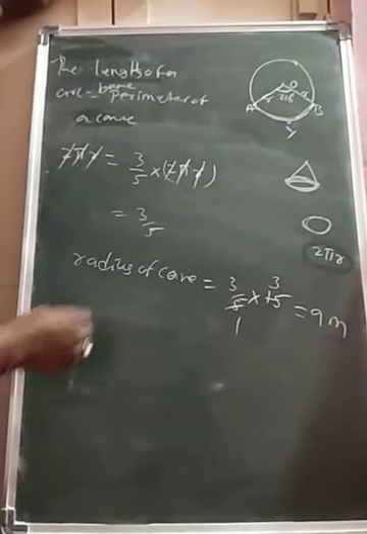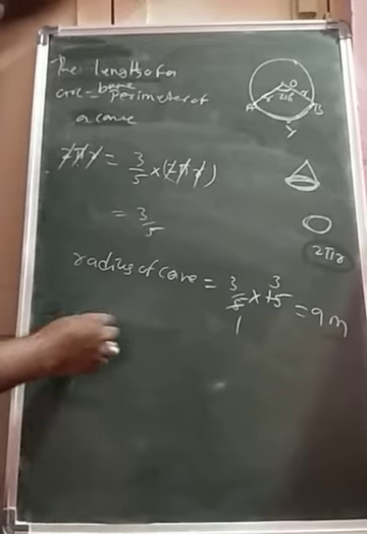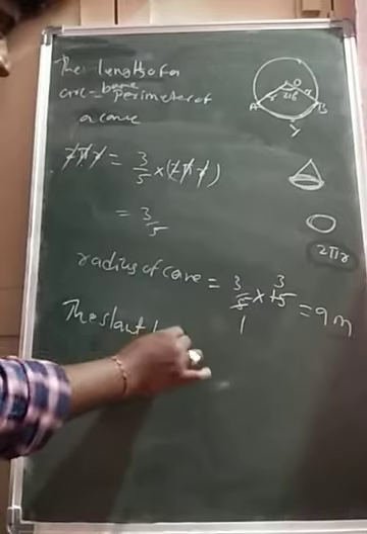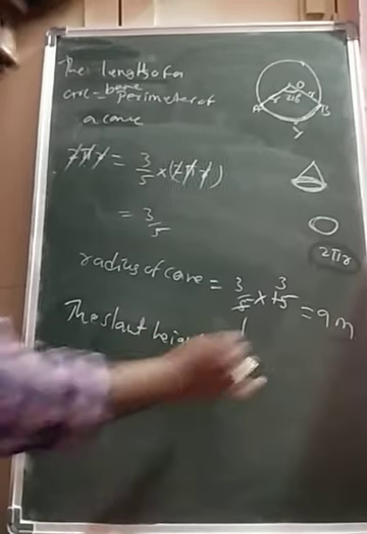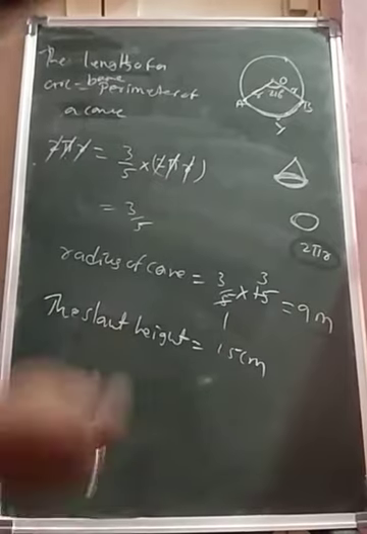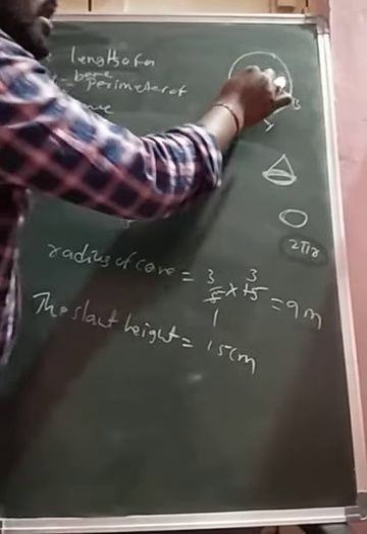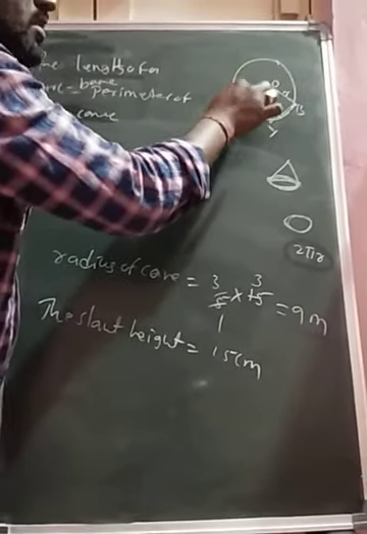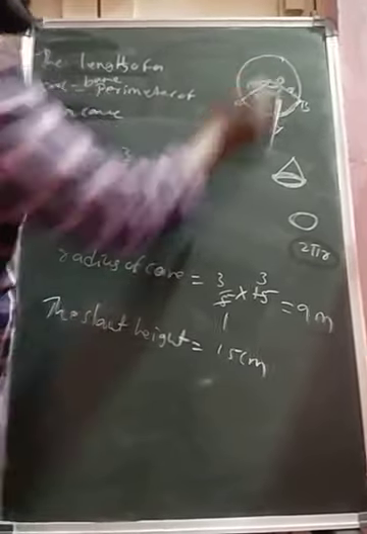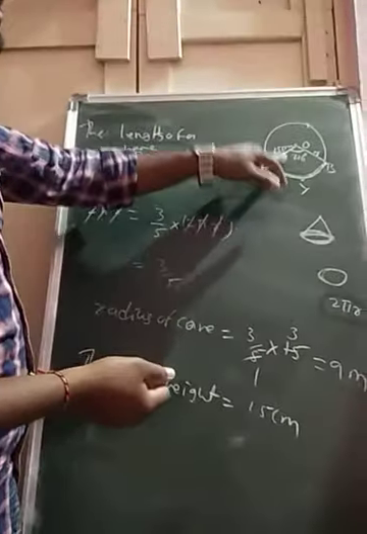So the slant height is equal to 15 centimeters, because here the radius of the sector is given. The radius of the sector is 15 centimeters.